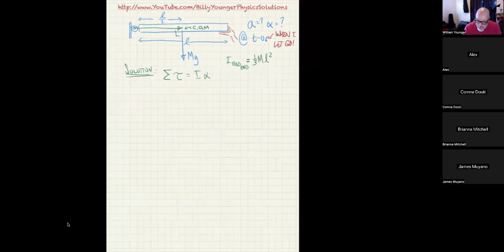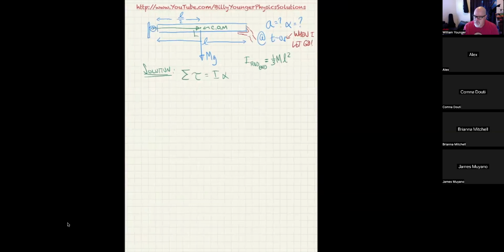And in fact, through the middle is 1/12, which we also calculated, but what we need is about the end, because it's falling about the end. So I'm going to plug this in, and the torque is going to be m times g times L over 2. And that's equal to 1/3 m L squared, because that's the moment of inertia, times alpha.